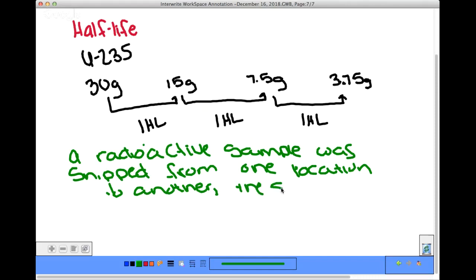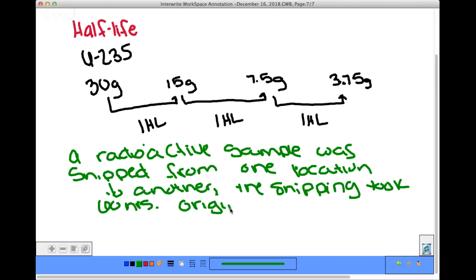The shipping, this is kind of a weird sounding problem, I haven't thought this through, took, let's say, 60 hours. Originally, the sample was, let's say, 20 grams.